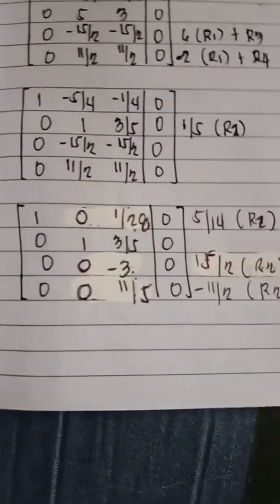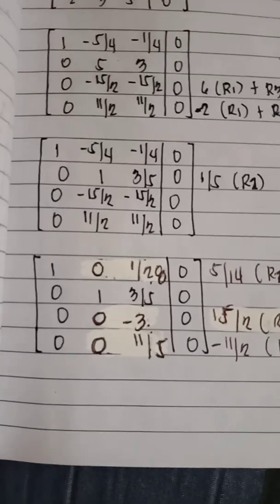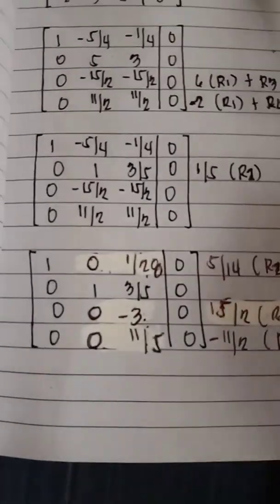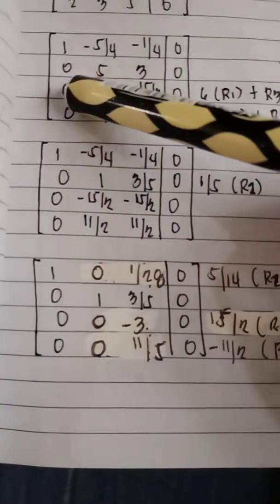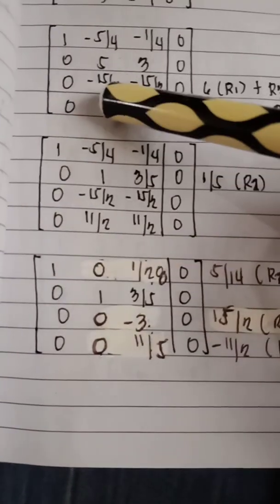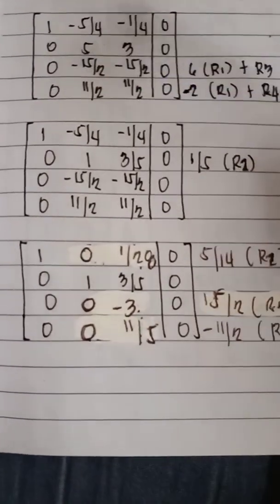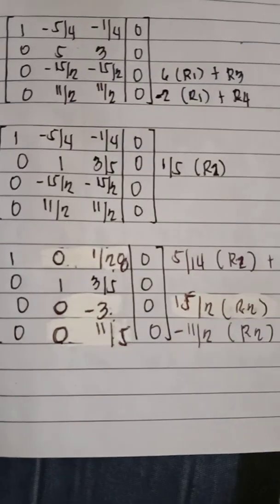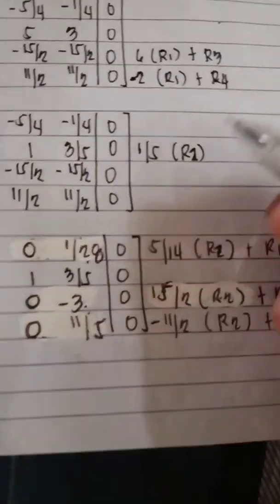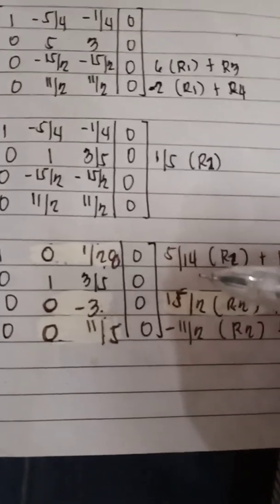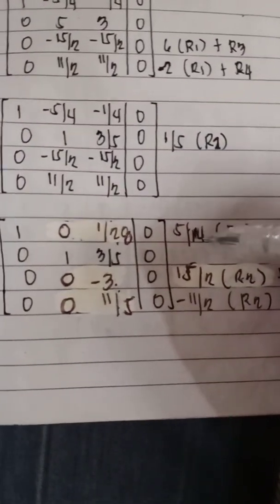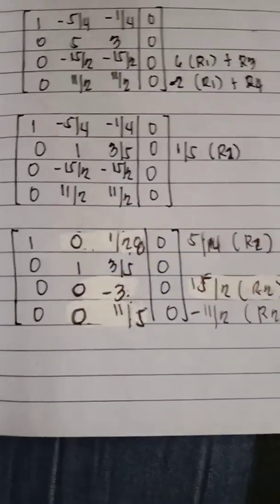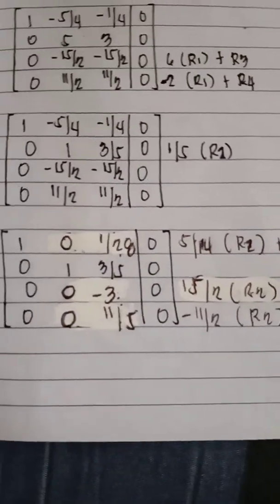So first, we will solve row 1. 5 over 4 times 0 plus 1 is equal to 1. Actually, this is 4, I misread my notes. Let's proceed.